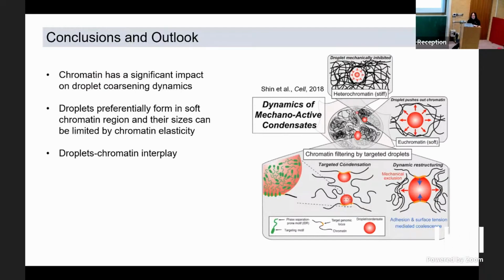There are endogenous condensates in the cell as well, and there are different size distributions, I believe. It depends, because with optogenetics you're sending the protein all at once.